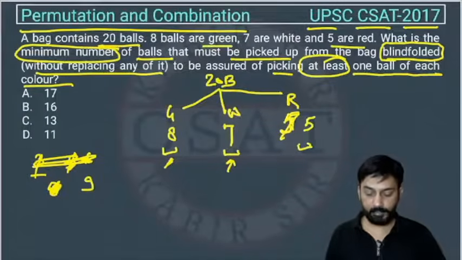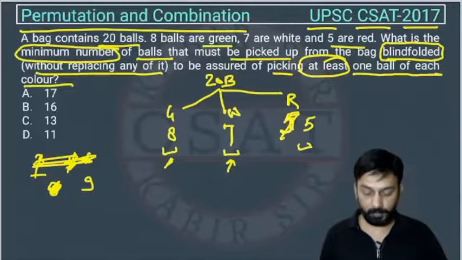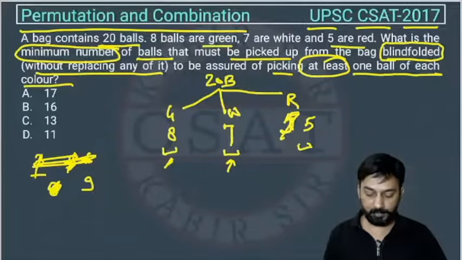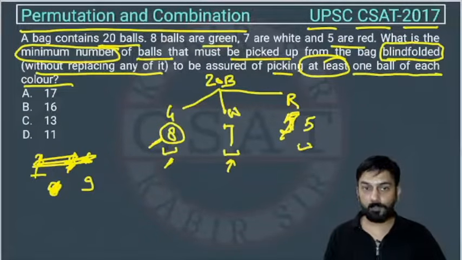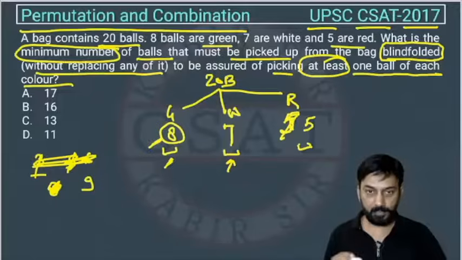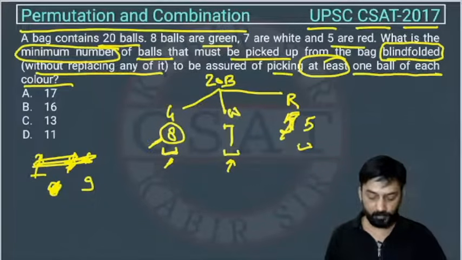We can be sure that 2 colors of balls we will pick this time, because the maximum here is 8. So this much we must pick to ensure that at least 2 colors of balls are picked. Why? Because we have picked 9 balls, there may be a possibility that out of these 9, 8 are green and 1 must be of another color, right? So if we are picking 9 balls, we are getting 2 colors.